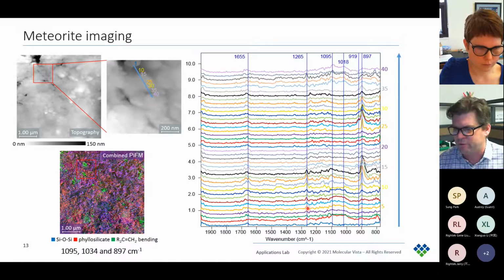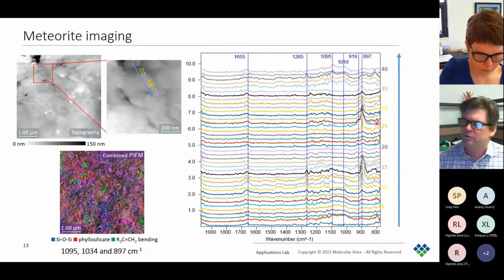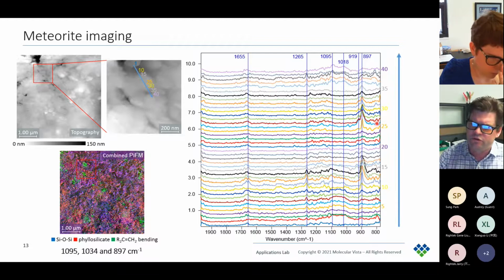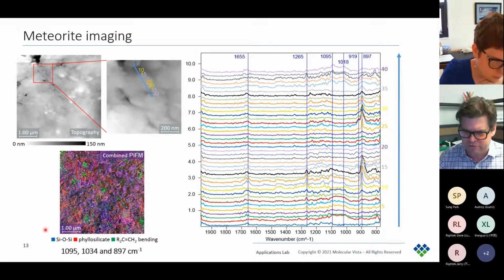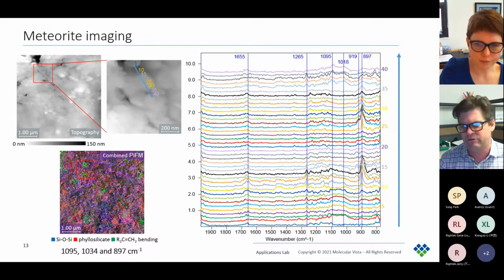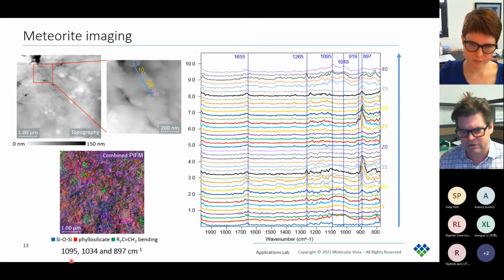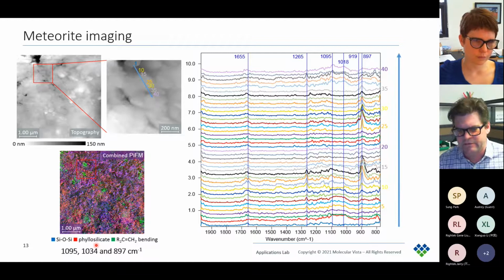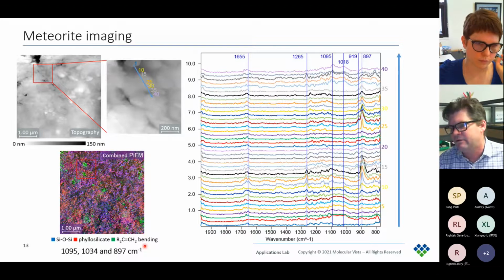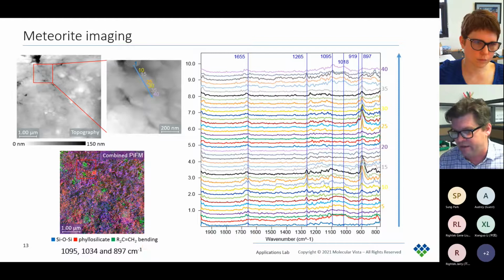So certain peaks will be quite strong. They'll decay for a while. They might return, depending on where we're at on the sample itself. So we're looking at not just the distribution of where these 3 materials that we've highlighted are, that you see in this combined PIFM image: the silicon oxide, the phyllosilicates, and then hopefully some kind of RNA, DNA, or at least proteins. And you can see that it is not evenly distributed.